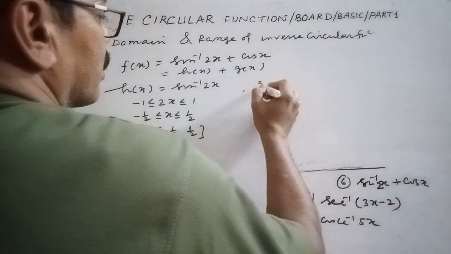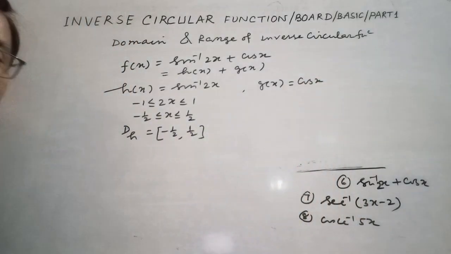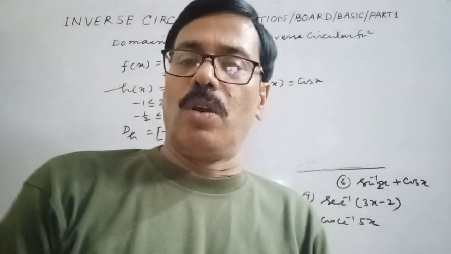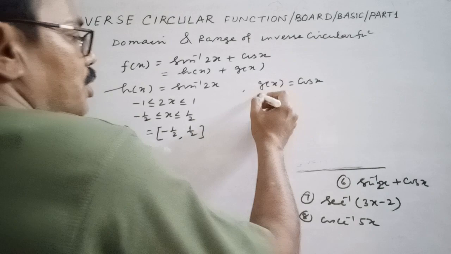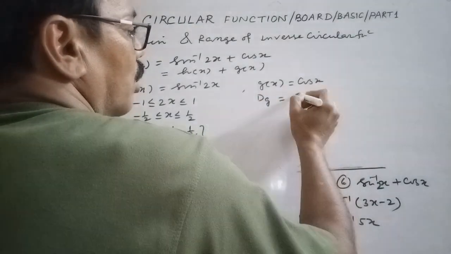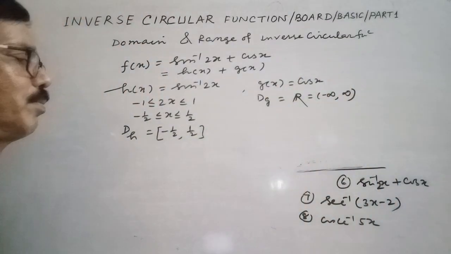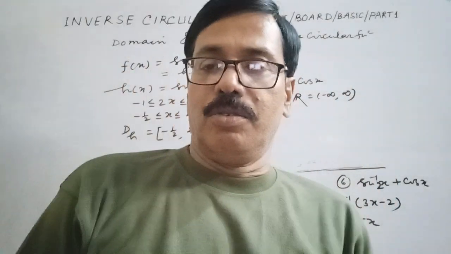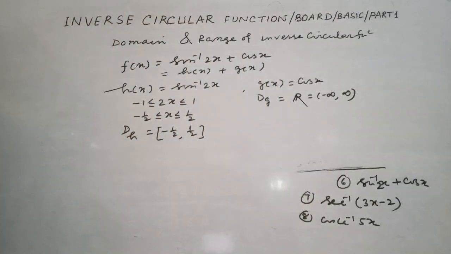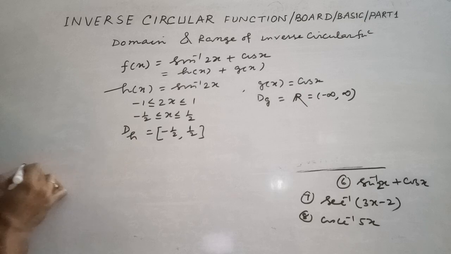And g(x) equals cos x. You know cos x is defined for all values of x, so the domain of g is R, the set of real numbers, that is minus infinity to plus infinity. Now what is the domain? The domain is the common part of h(x) and g(x).